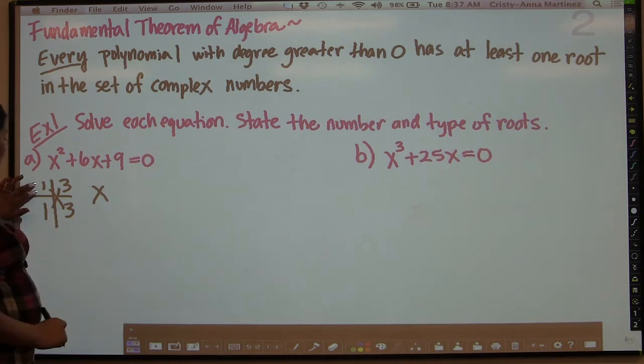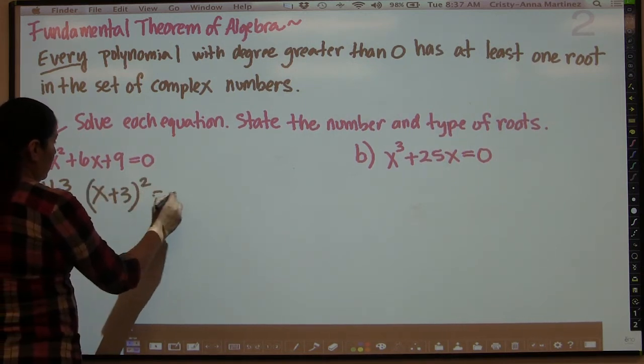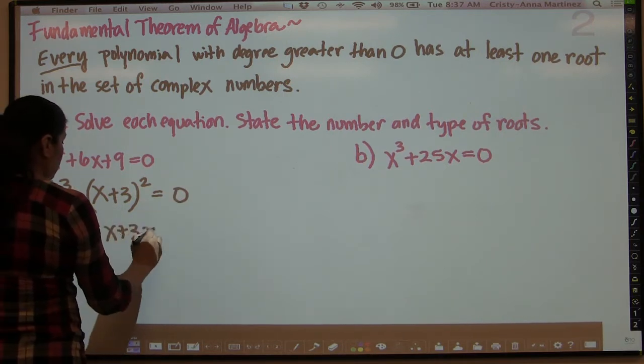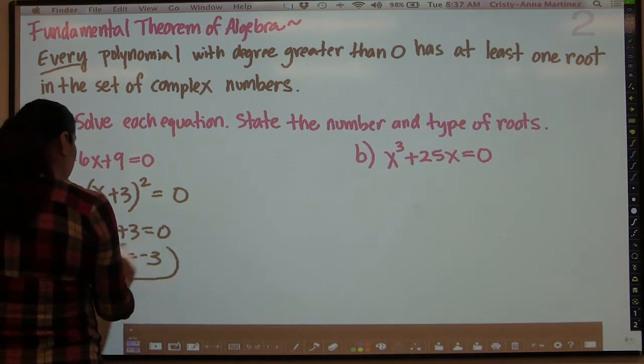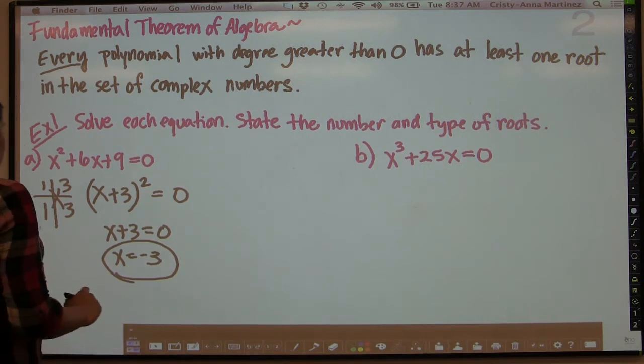Since both factors are the same, I get x plus 3 squared equals 0, or basically x plus 3 equals 0 twice, and x equals negative 3. That's my solution.